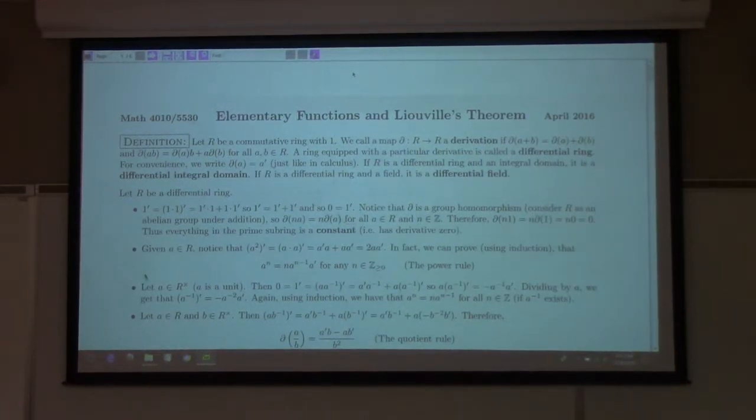So let's see here, prime subring. I don't know if we've talked about prime subring in your courses. We've talked about prime subfield, but this is prime subring. I think the prime subring might be the integers generated under the structure of the ring, or Zn, depending on the characteristic, right?